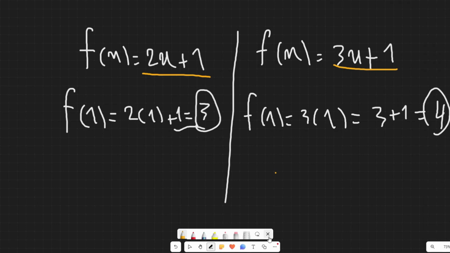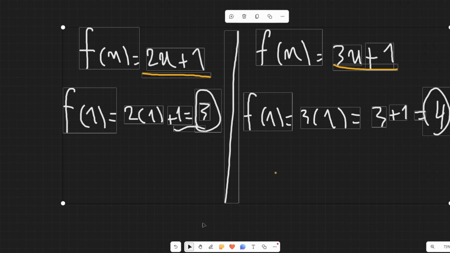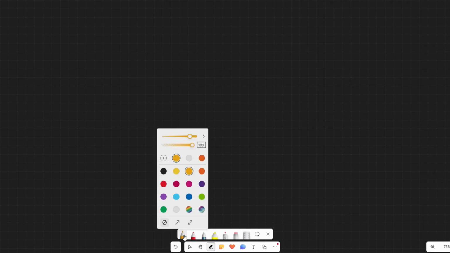Okay, now we are familiar with functions, we know how to find the output of them. The last thing is how to actually sketch the function. So in this session we are going to only focus on linear functions. Let this one, f(x) is 2x plus 1. So we call this linear because the power of x is only 1.